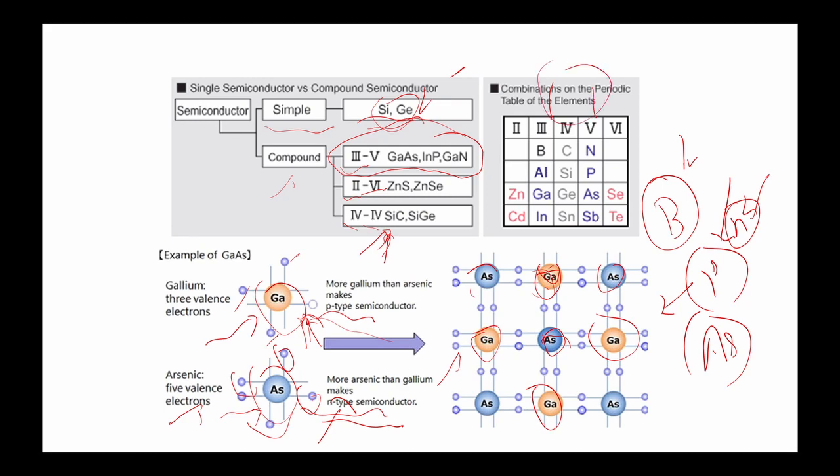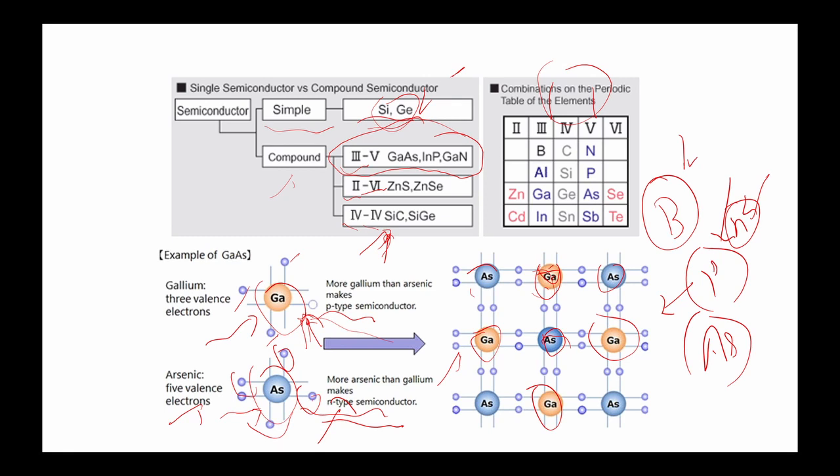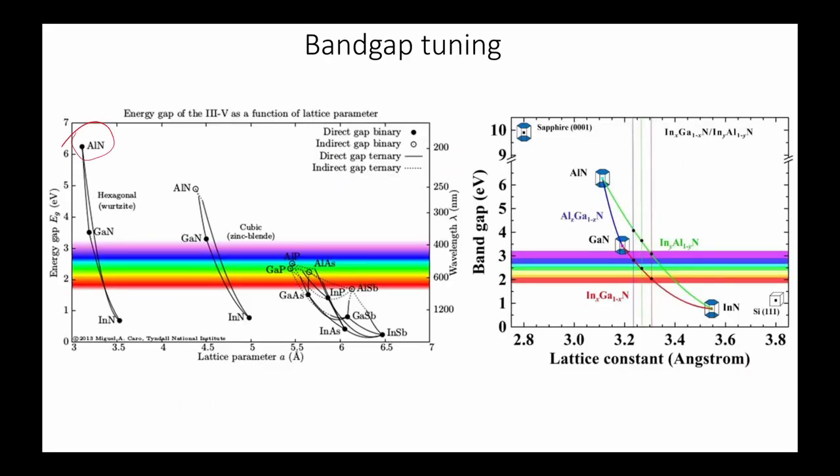Now from here, let us take aluminum and nitrogen. This is aluminum nitride, which has the highest band gap. This is the graph of the band gap and the lattice parameters.